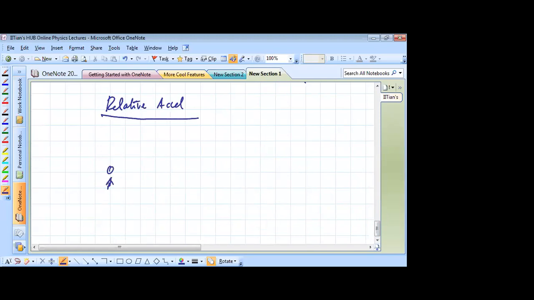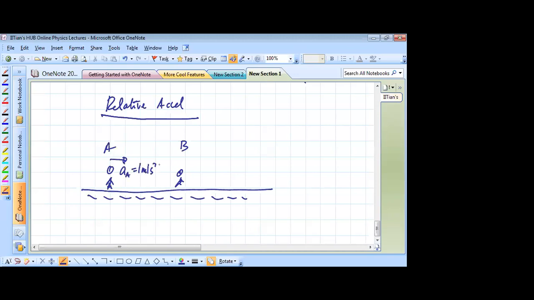Now, if I have two people, A and B, moving like this, such that suppose A has an acceleration of 1 meter per second square, but B has an acceleration of 4 meters per second square. Then what is the acceleration of B as seen by A?